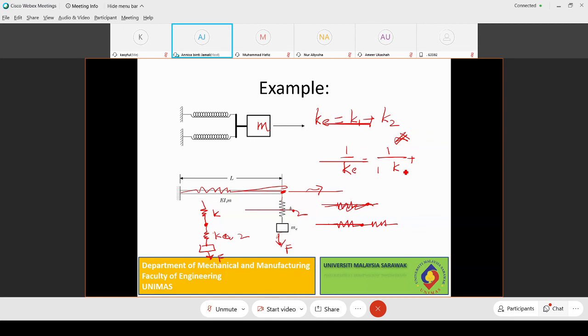But you have to find first what is the K here, using the equation given in the table just now. If it is a rod, we can use the equation EA over L, so K would be equal to AE over L. If it is a cantilever beam, then you have to use the cantilever beam equation.